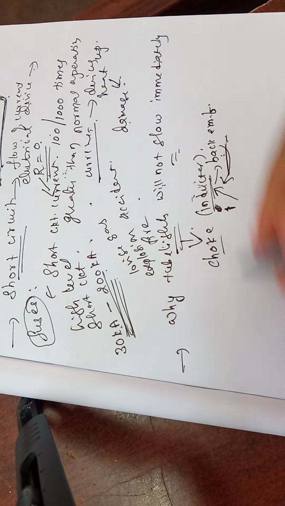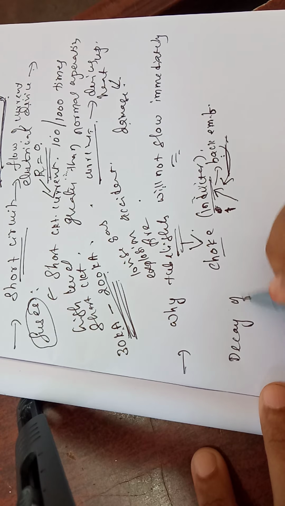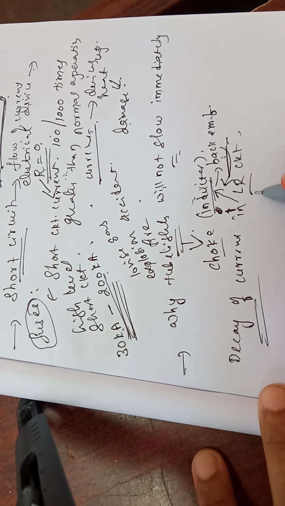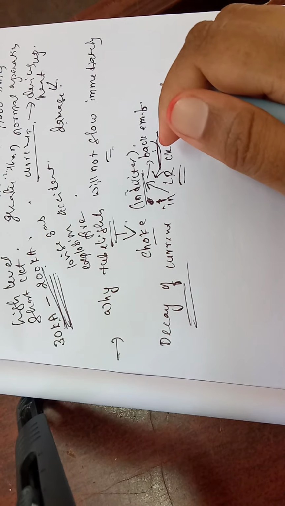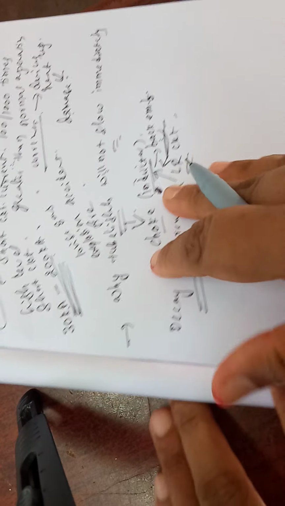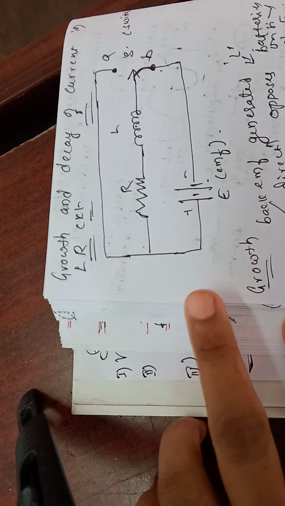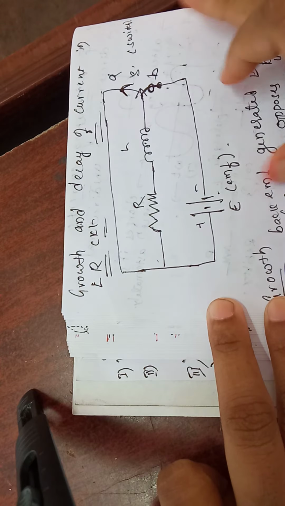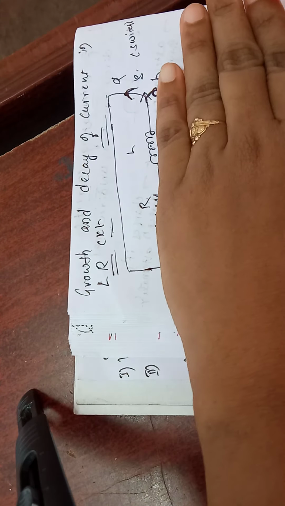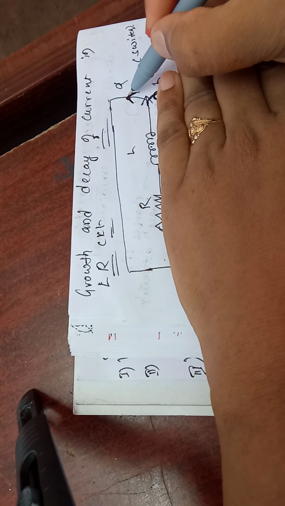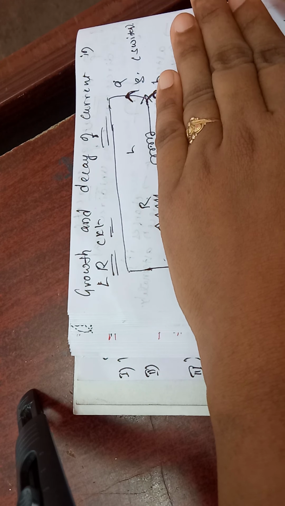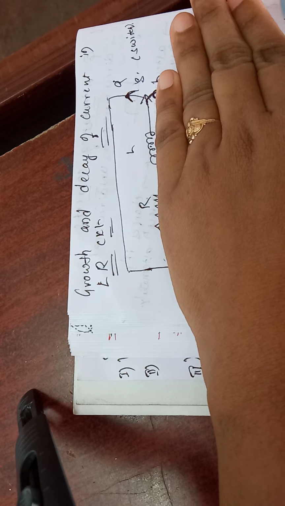Alright. Now let us go for the decay of current in a large circuit. Let us see the circuit. I will disconnect this from B and connect it to A. I disconnected the total circuit from the battery and connected to point A. Now there is no supplier of current or EMF, so slowly the current starts decreasing.